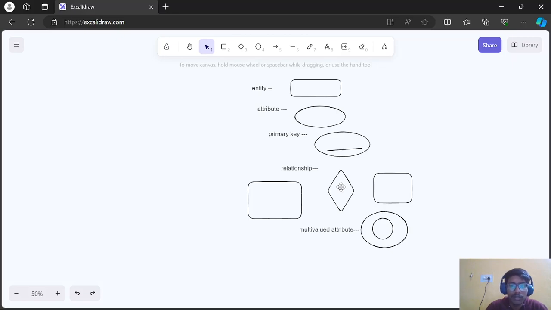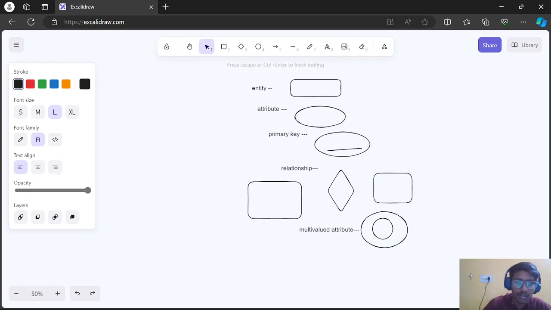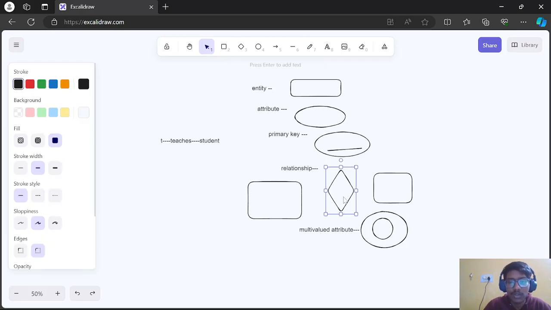As I said earlier, a teacher teaches a student. So the word teaches will go inside the diamond shape.